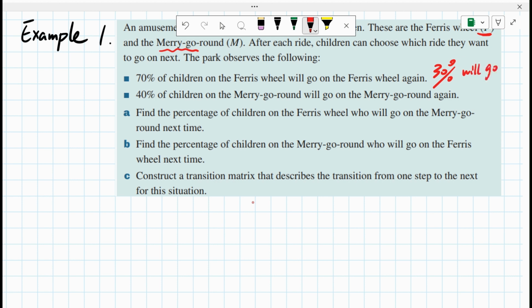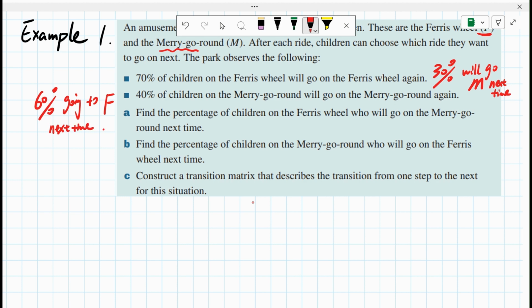And 40% of children on the merry-go-round will go on the merry-go-round again, which means 60% will go to the Ferris wheel next time.